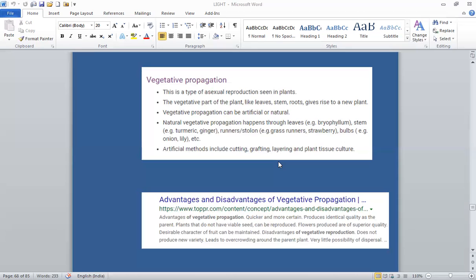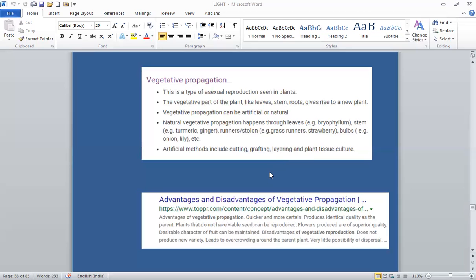Both the base of the scion and the top of the stock are given complementary cuts. The scion is fitted over the stock, and the union is covered with grafting clay and bandage, and the plant successfully bears new leaves. There are several advantages and disadvantages of vegetative propagation.